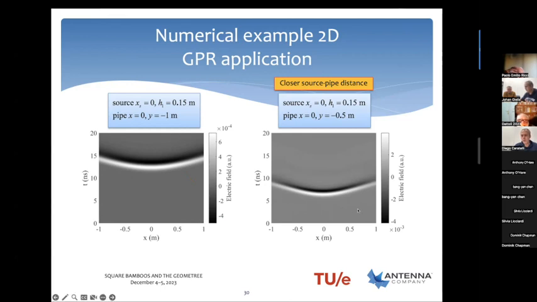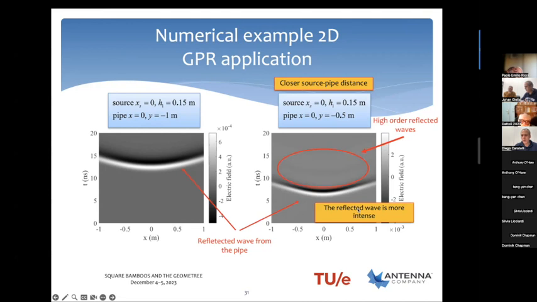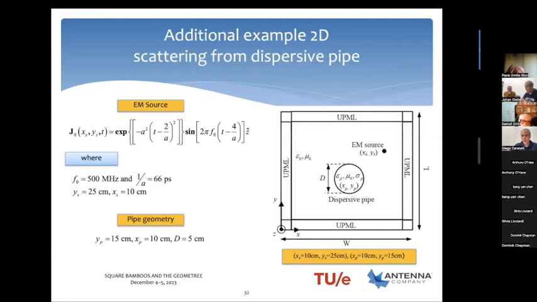This is the situation represented on the right, where one can also detect and identify different features, including higher order reflected wave contributions. These are important in order to understand the characteristics of the pipe.